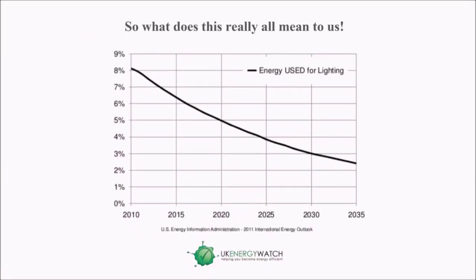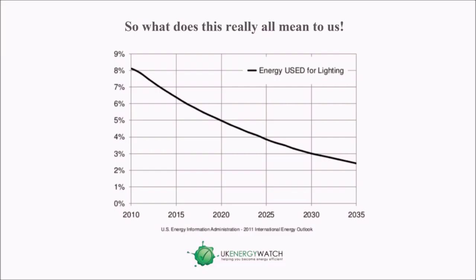So what does this really mean to us? At the moment, lighting contributes to about 8% of the global energy usage. That's including everything, transport, every type of energy that we use. 8% of it is being used on lighting.